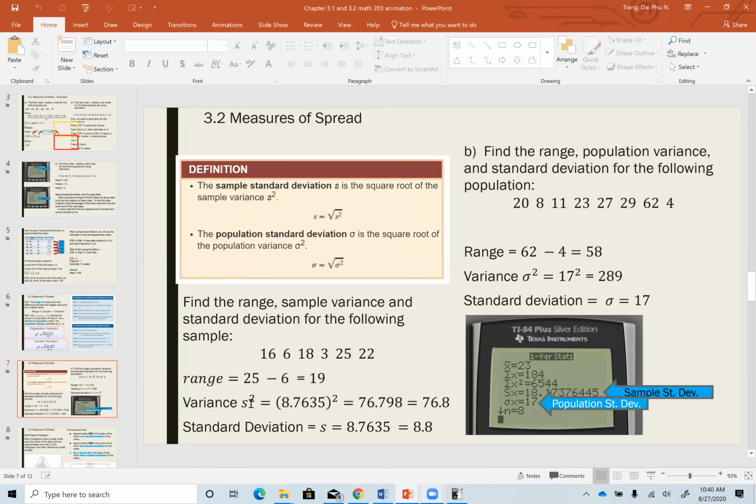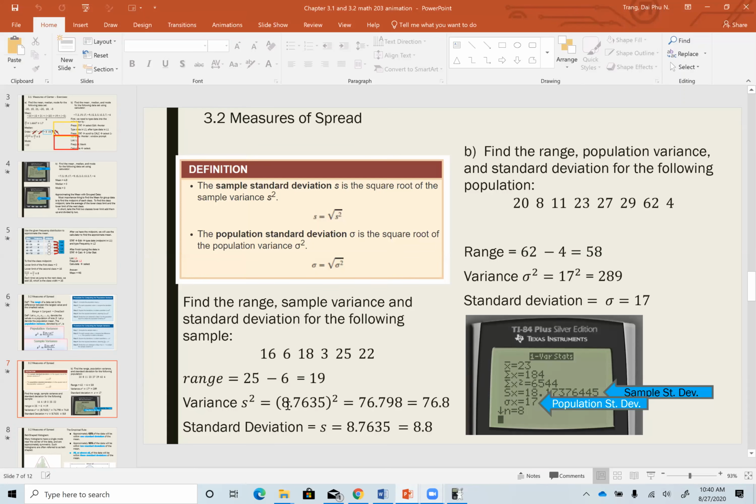If I square the standard deviation, I will get the variance. And yes, ladies and gentlemen, the variance is not double, but the square of the standard deviation.